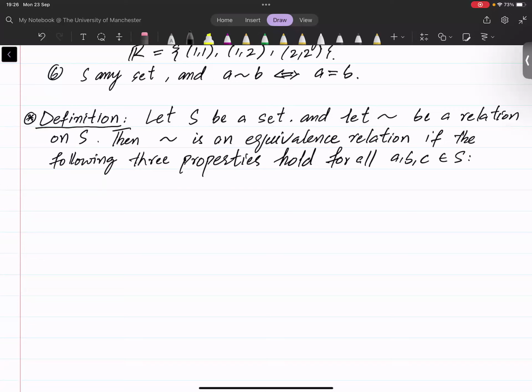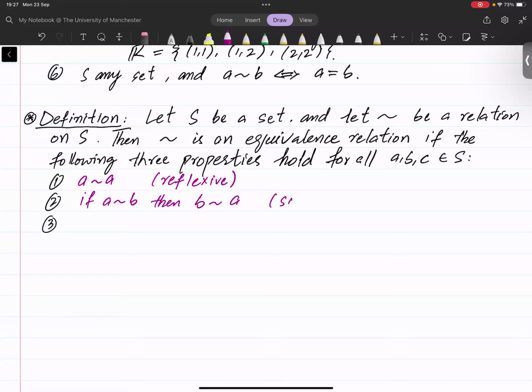Those properties are: number one, A is related to A, and this is called reflexive. Property two: if A is related to B, then B is related to A, and this is symmetric.